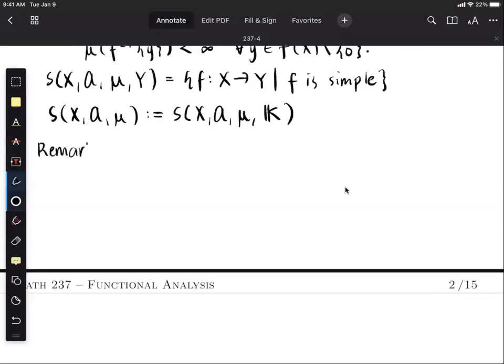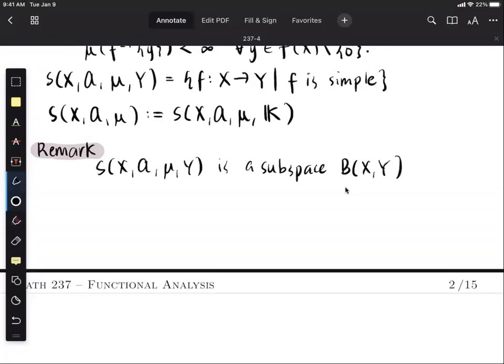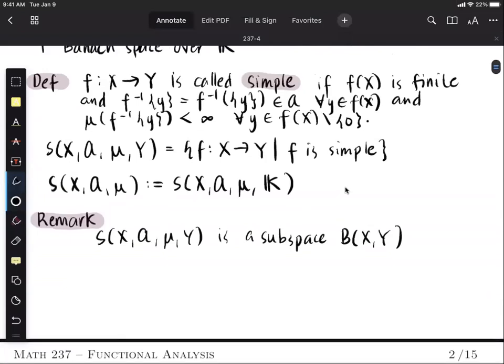Remark. One can show that the set of simple functions is a subspace of bounded functions from X to Y. Well, that follows immediately because f has a finite range.